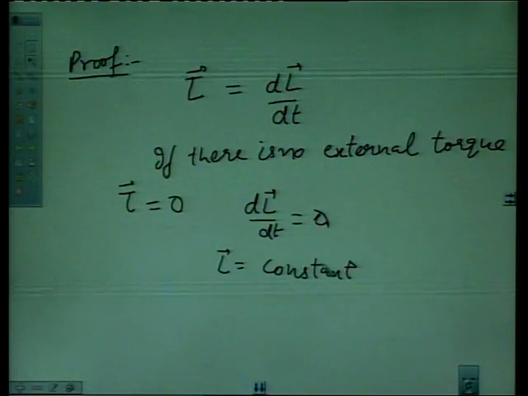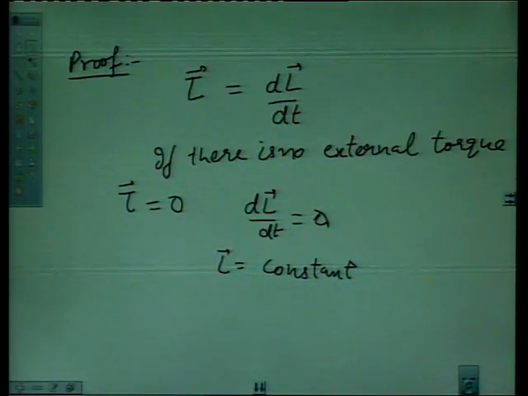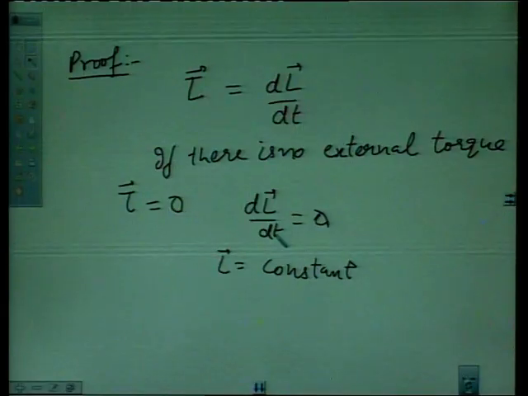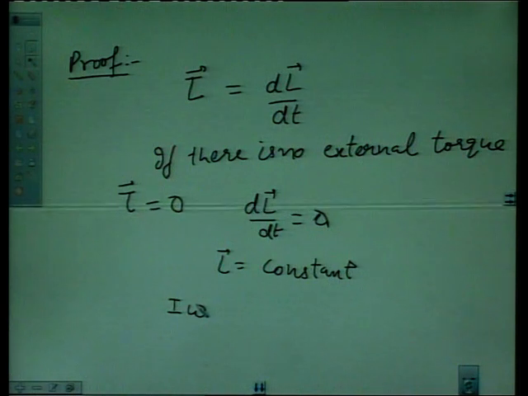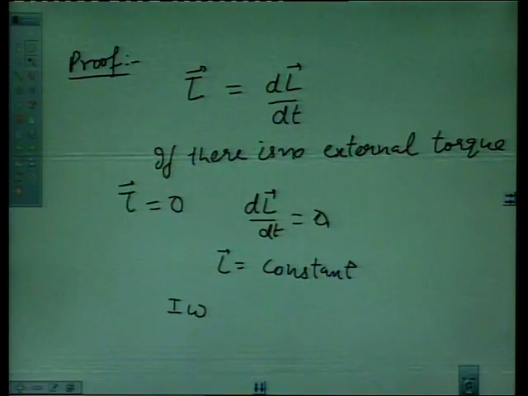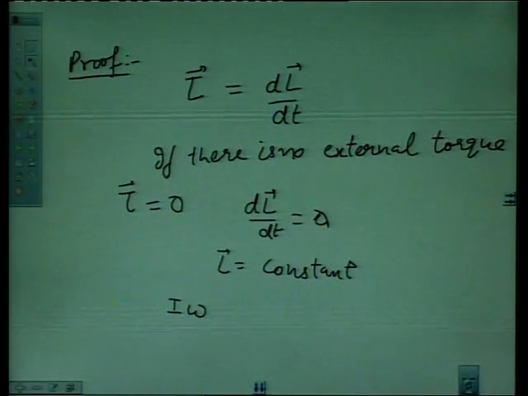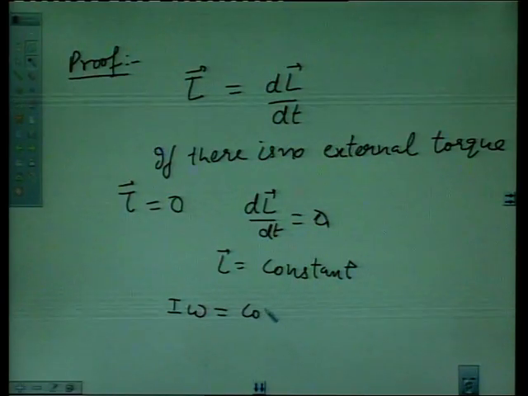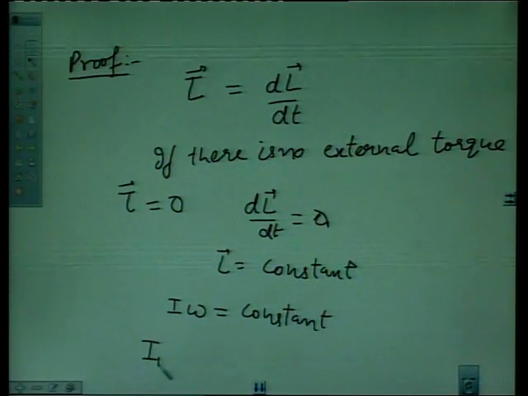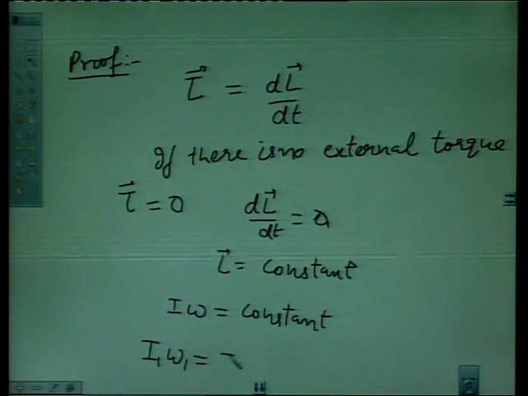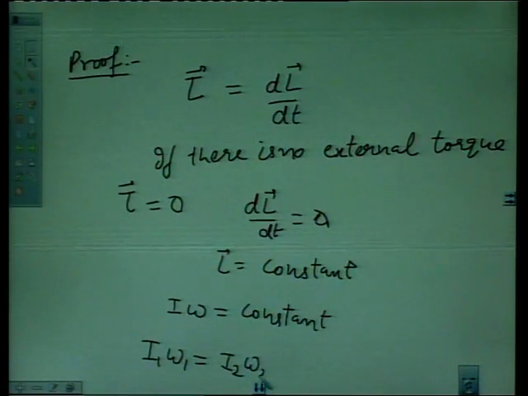Anything which is constant, its derivative with respect to time is 0. So, L is constant. Now, we can say L is equal to I into omega. L is the product of moment of inertia I of the rotating body and angular velocity omega. So, I omega is constant. In other words, I1 omega 1 is equal to I2 omega 2.